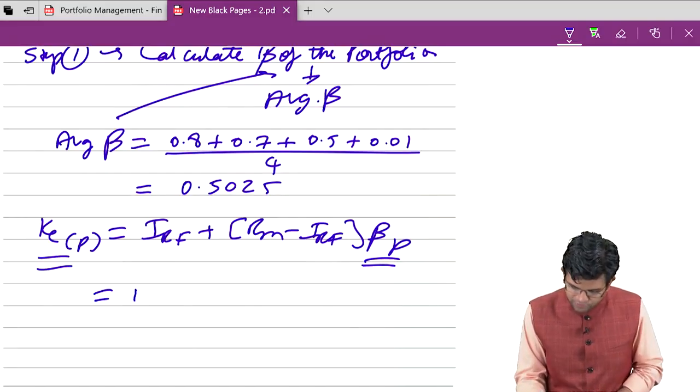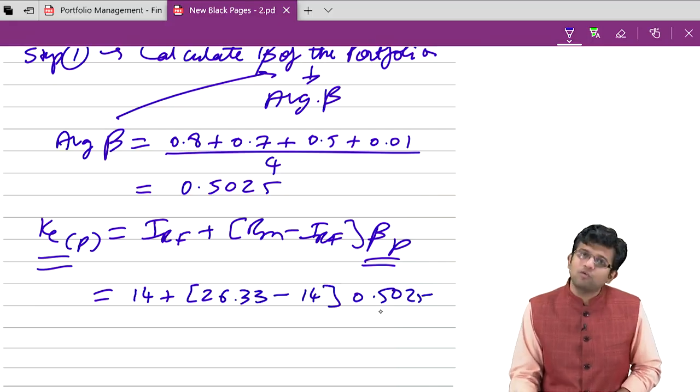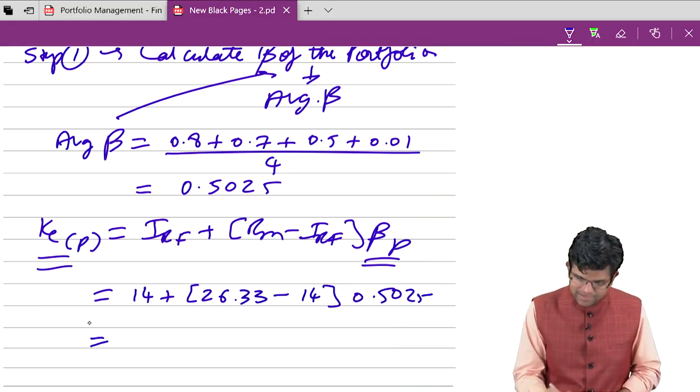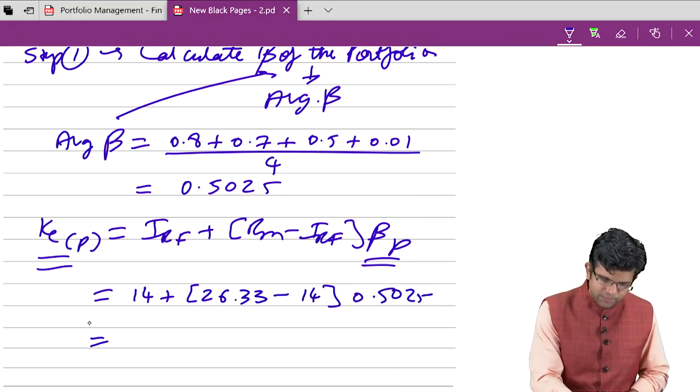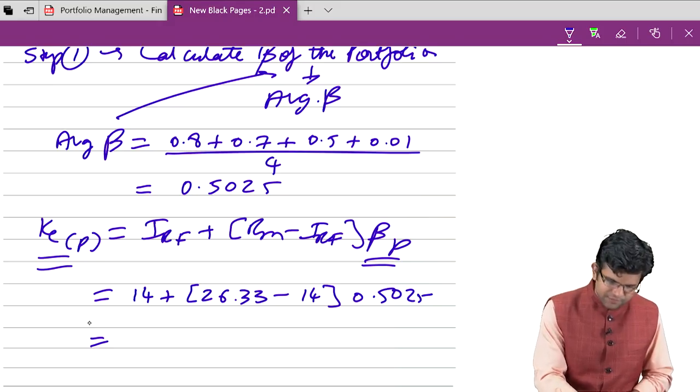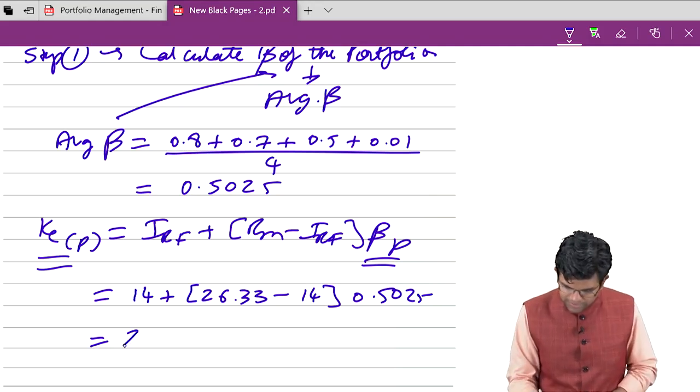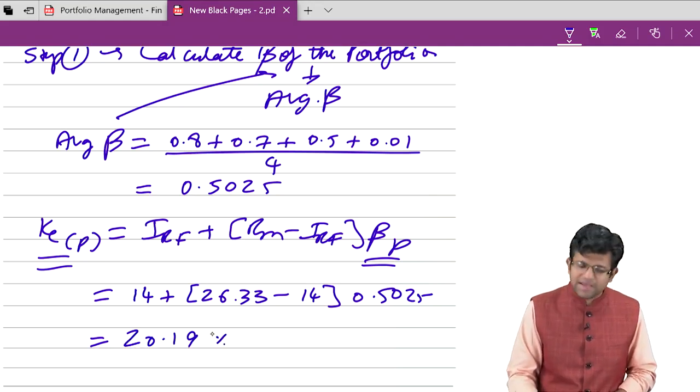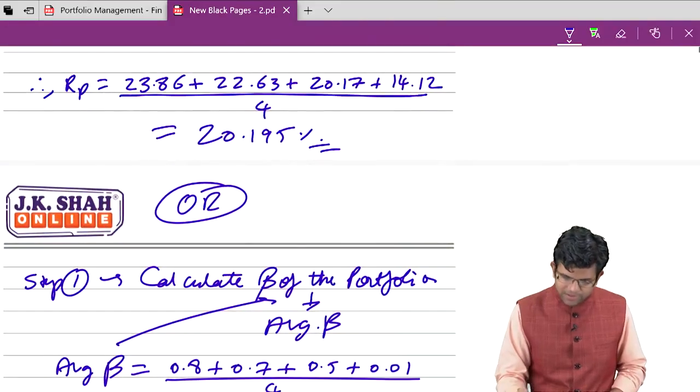Can I say it is 14 plus 26.33 minus 14 into 0.5025. Students, if we take the calci, it is 26.33 minus 14 into 0.5025 plus 14, we will get 20.19%.